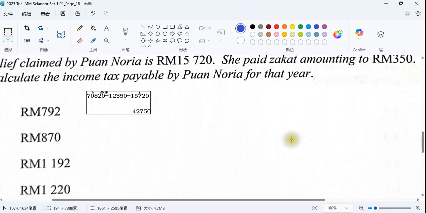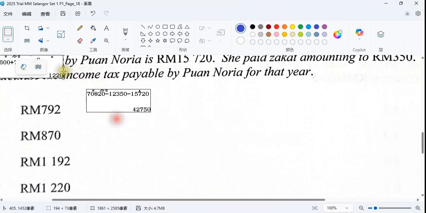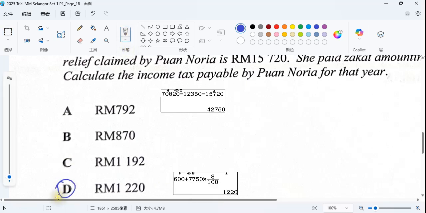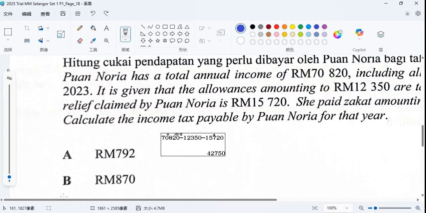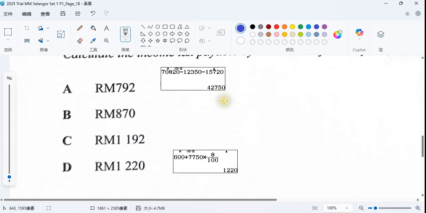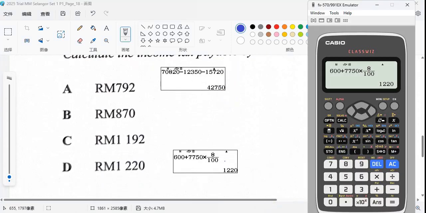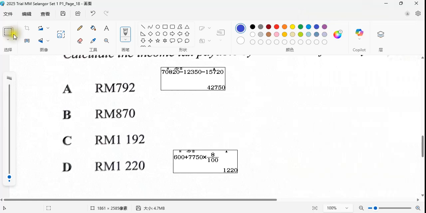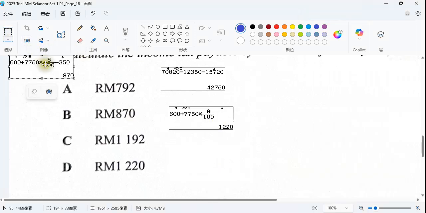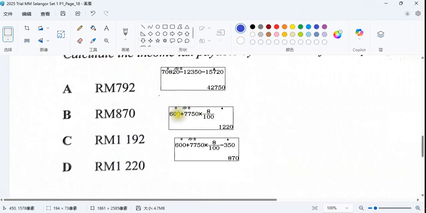That is the income tax payable. And then we have to minus the zakat 350. So the final answer will be 870.